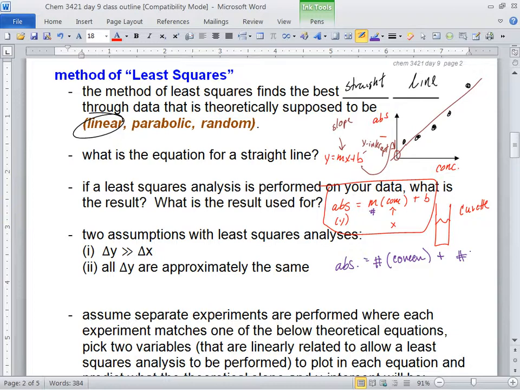Okay. So now there are some assumptions for this magical least squares analysis to work. Okay? And here's two of them. Delta y is much, much bigger than delta x. What the heck are they talking about there? Delta. What's delta? Change. So something's fluctuating, right?